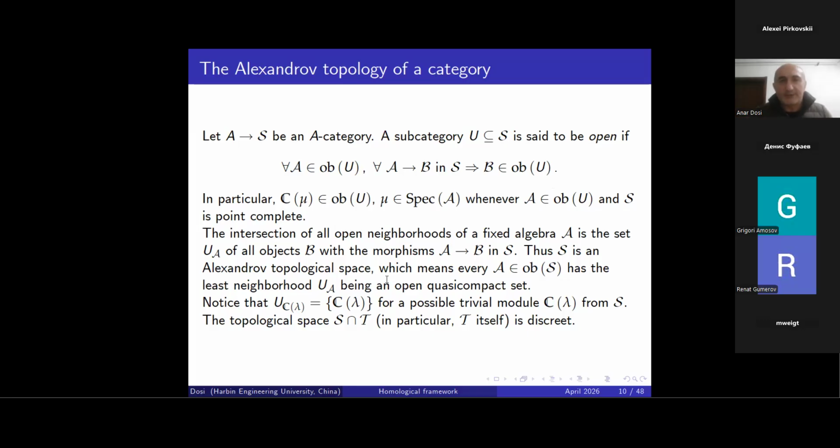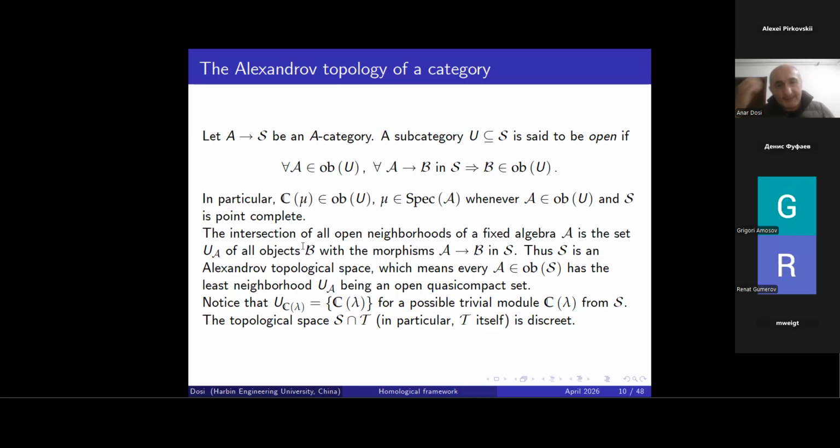This generates a topology, but it is a special topology. The intersection of all open neighborhoods of a fixed algebra A is the set of all objects with morphisms from A to B. So this is again an open set.